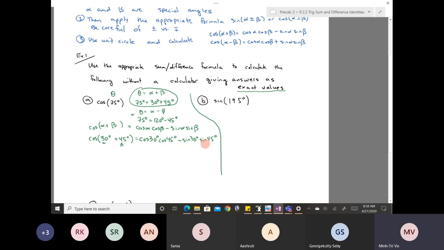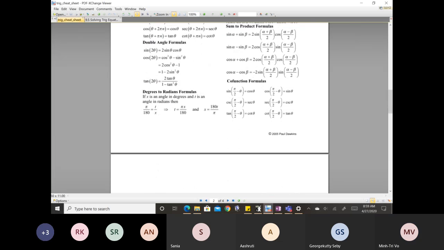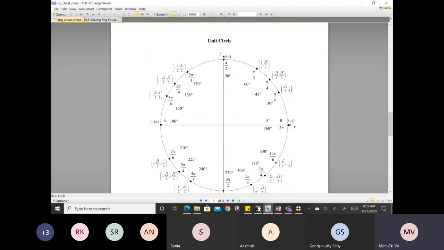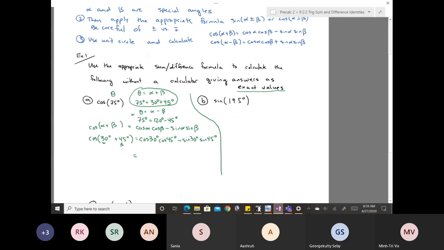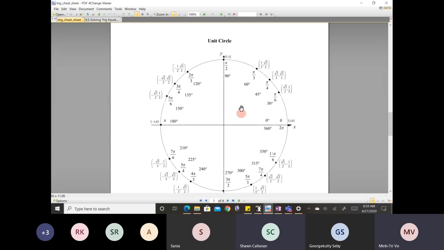And then each of these is a special angle value, so I can get them all from the unit circle. What is cosine 30? Cosine 30 is square root of 3 over 2. Then what is cosine 45? Cosine 45 is square root of 2 over 2.